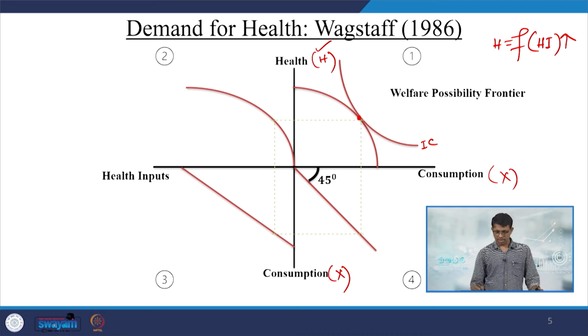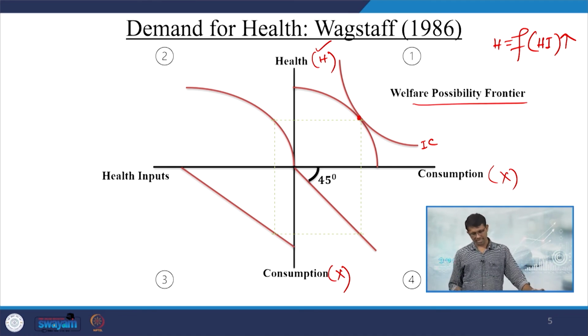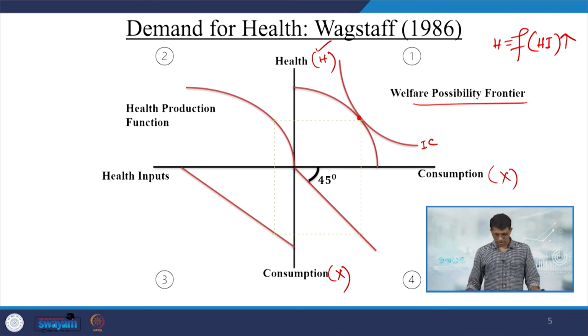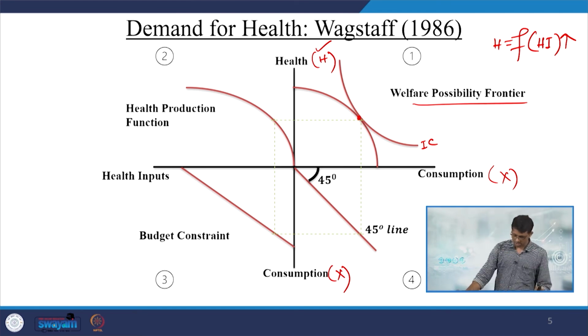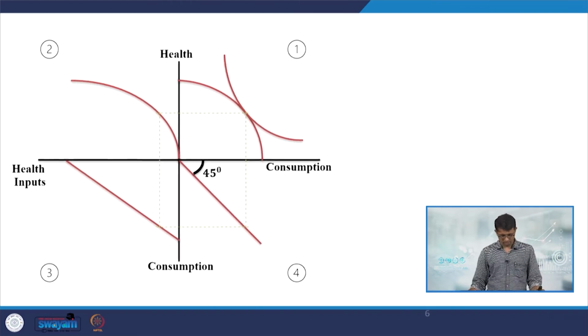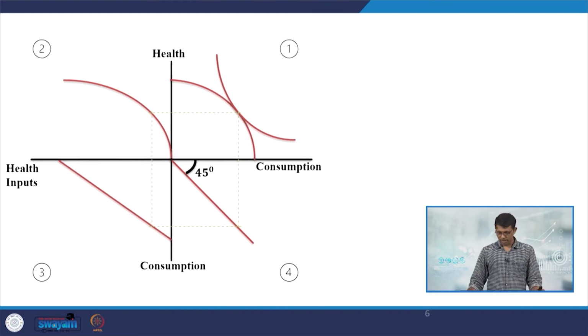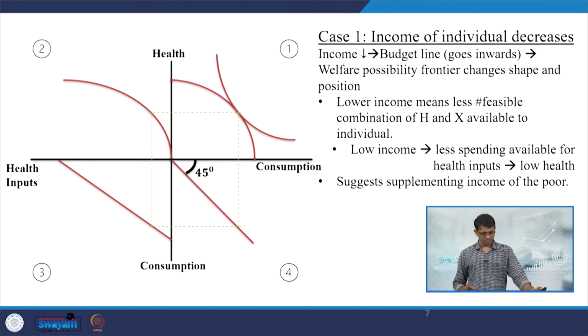Therefore, the first diagram is the welfare possibility frontier, since we are emphasizing the maximum possibility of X as against health. The second one is the health production function, the third one is our budget constraint, the fourth one is just the relation between these two in terms of our income. And more of this is possible with a higher combination of these two. Now we are clarifying all those things one by one.